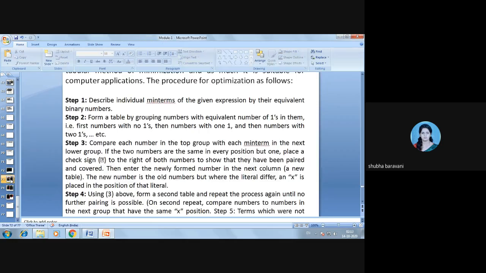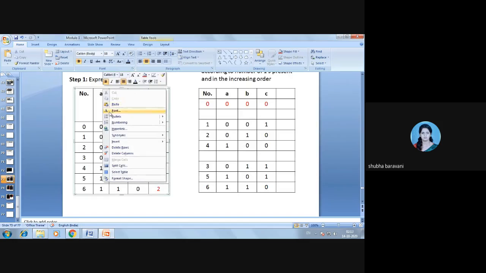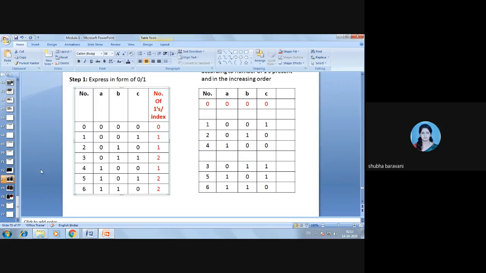Okay, so step 1, I'm expressing it in terms of zeros and ones.